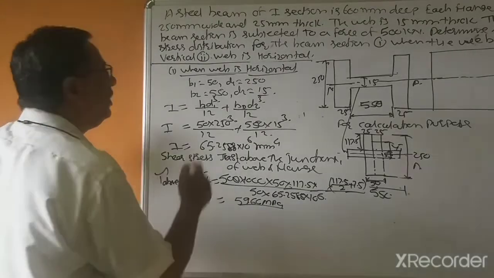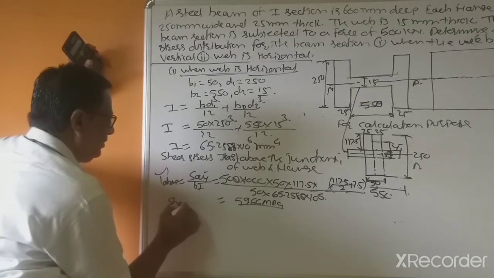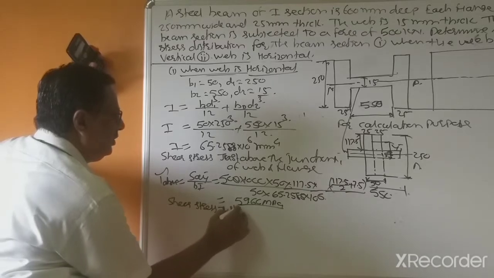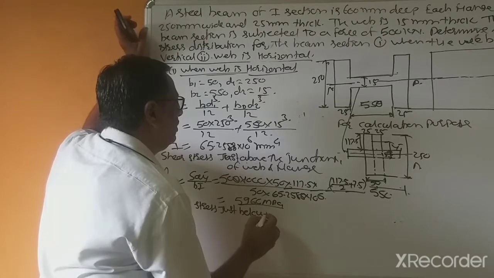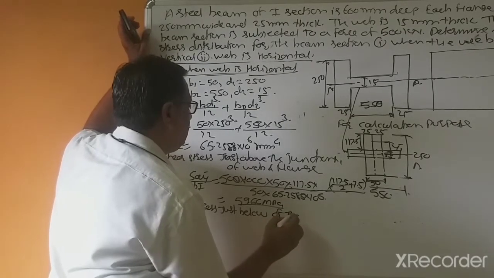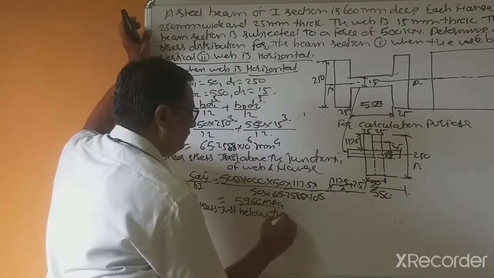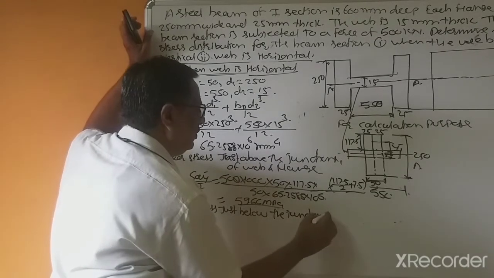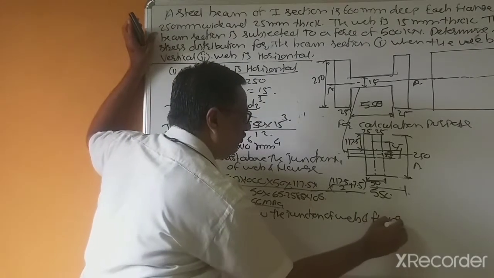Right. Now this is just below. So shear stress just below of the junctions, below the junction of wave and flange.